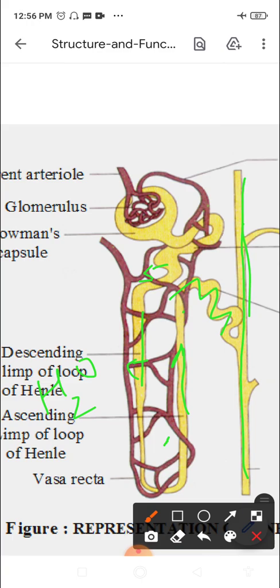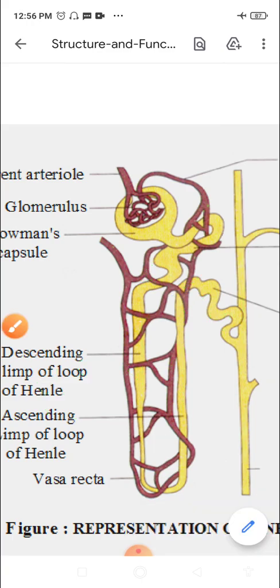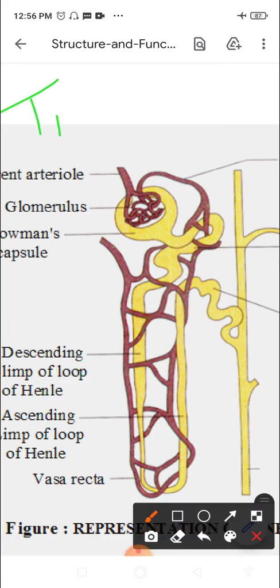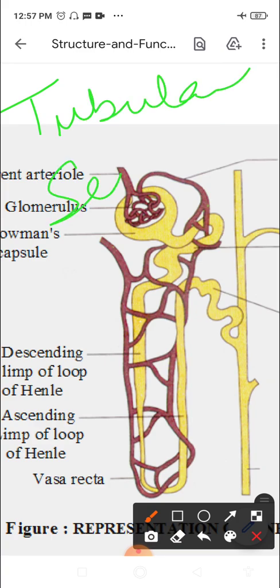The third part of urine formation is tubular secretion, right. What happens in this? The cells of the renal tubule not only remove substances from the filtrate by the process of reabsorption and send them to the blood capillaries, but also excrete additional waste from the bloodstream into the filtrate.